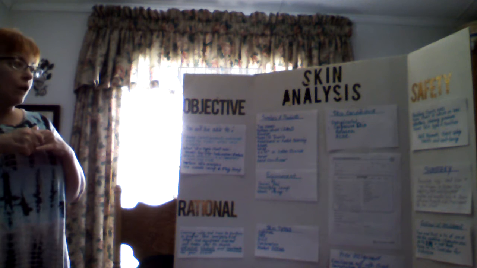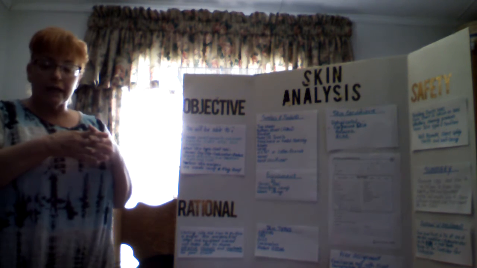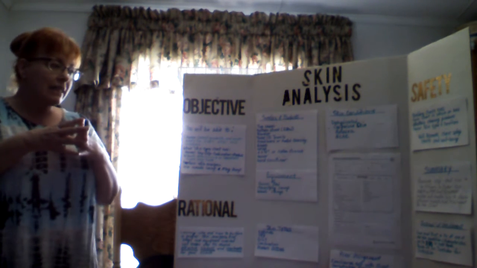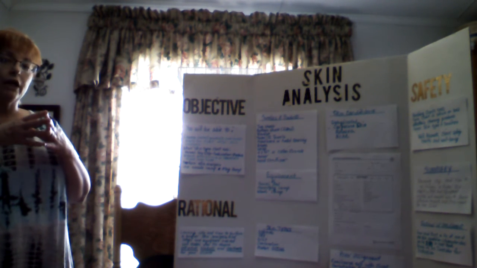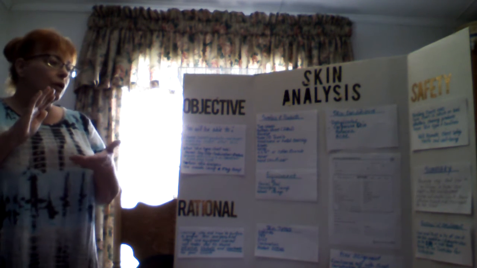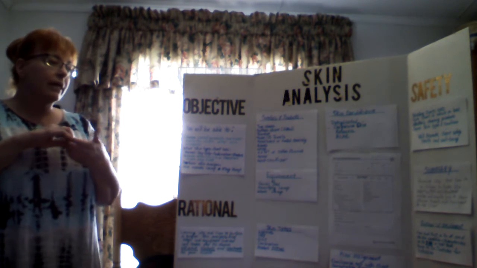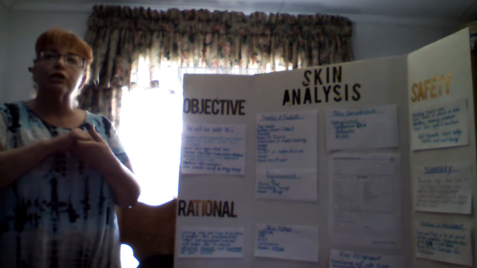Your follow-up assignment is to look on page 333 of your textbook, pick one of the skin conditions and characteristics on that page, right-hand column. I want you to find a picture of that, and I want you to bring it to class on Tuesday for discussion.